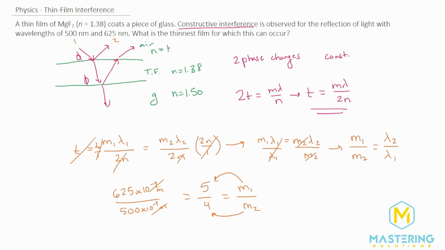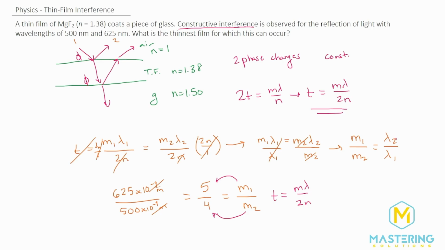And so what is the thinnest film that this can occur for? When we come to our equation, we have t is equal to m lambda over 2n. Let me just double check myself. We want m1, which we said was the 5, and m2, which we said is the 4th.